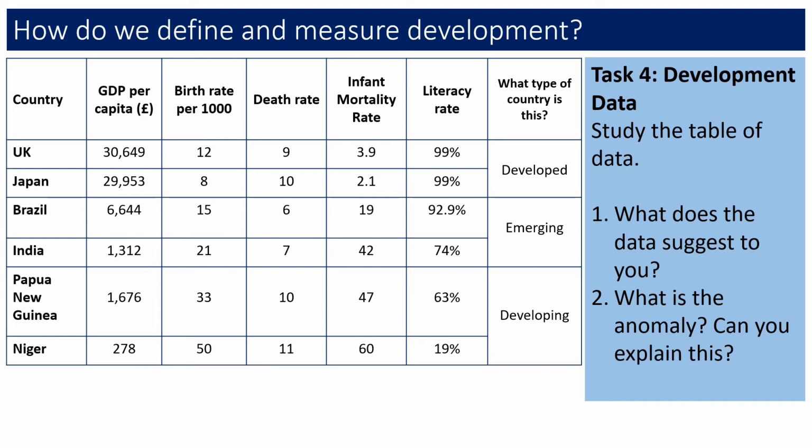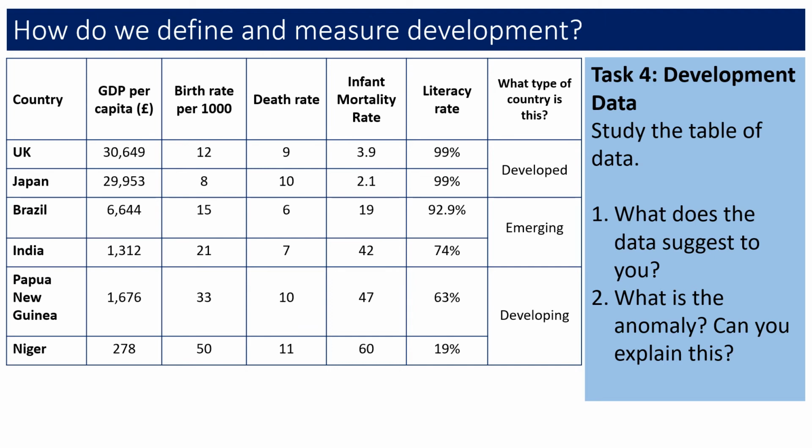Also, the death rates are quite varied, but a little bit less so. Infant mortality rate is extremely different. This means the number of children dying before they reach the age of 5. So have a little look through the different facts and figures, and finally the literacy rate.